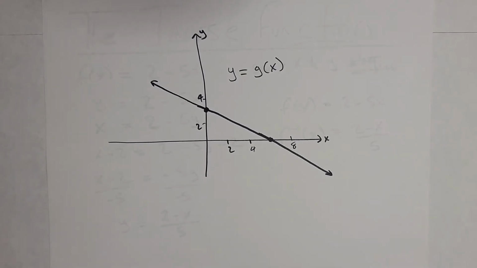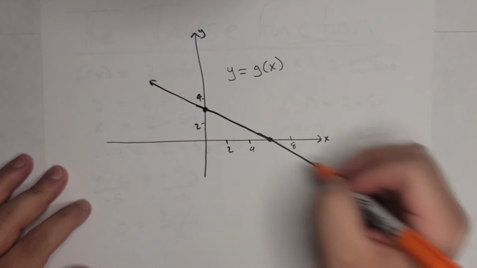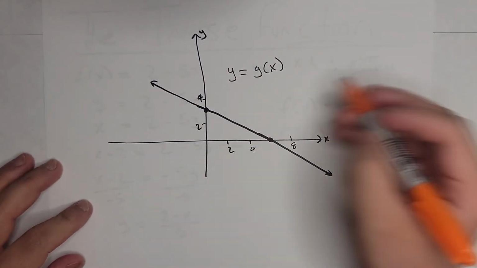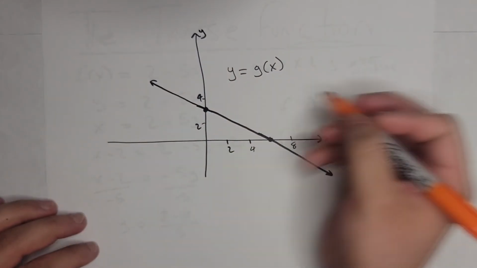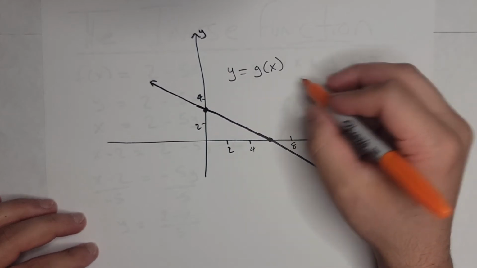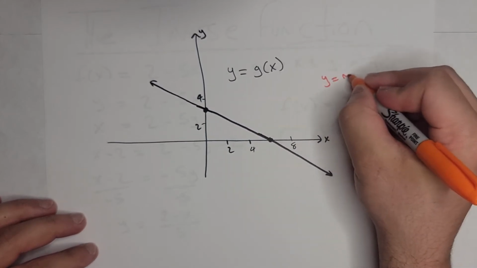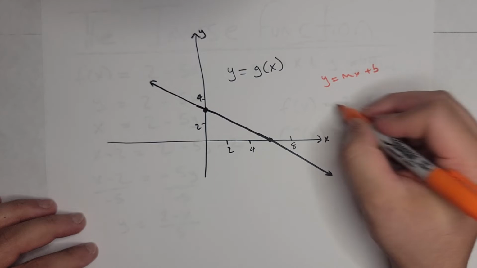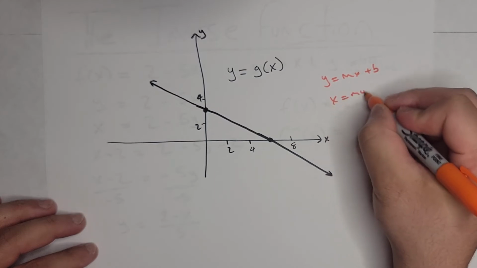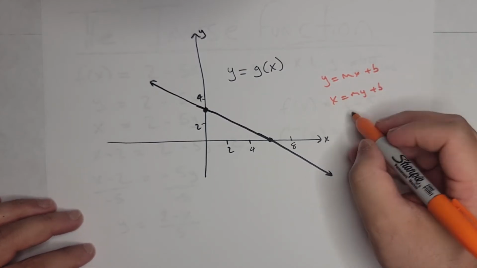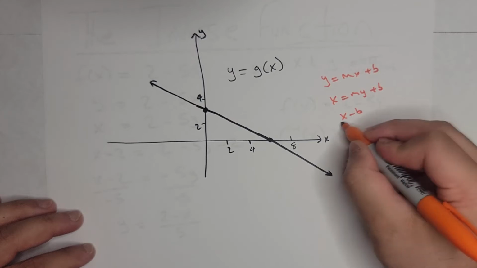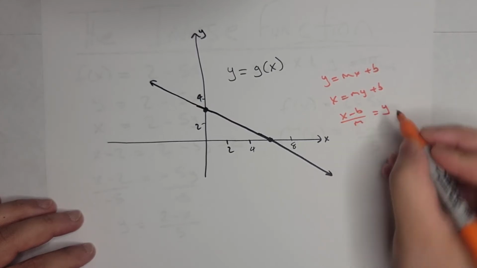You might be wondering, maybe I could find the slope and the intercepts and create the full y equals mx plus b function, swap them, and then write it out again, x minus b over m equals y.